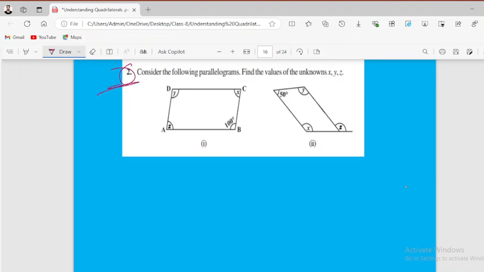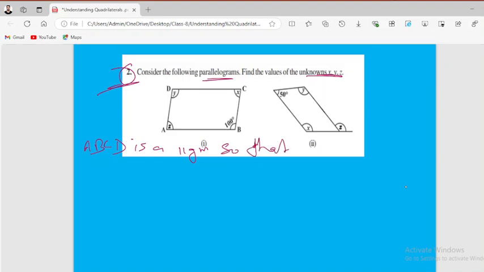This is the question. Consider the following parallelograms. Find the values of the unknowns x, y, z. So we all know that ABCD is a parallelogram, so angle B is equal to angle D. The reason behind it is opposite angles of a parallelogram.